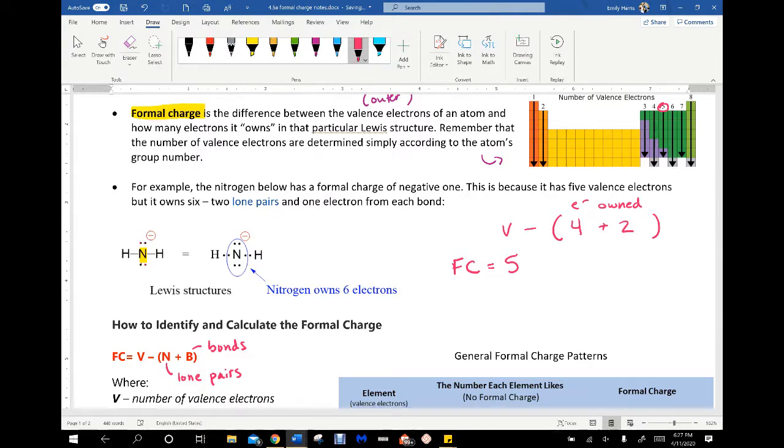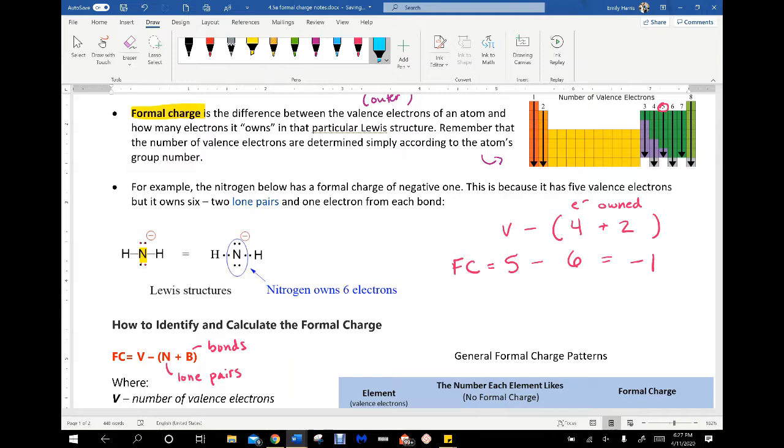That gets me a total of 6 electrons that it's owning within the molecule. 5 minus 6 is a -1 charge. That means nitrogen owns 1 more electron than what it brought into the molecule to start with, and that's what gives it a formal charge of -1.